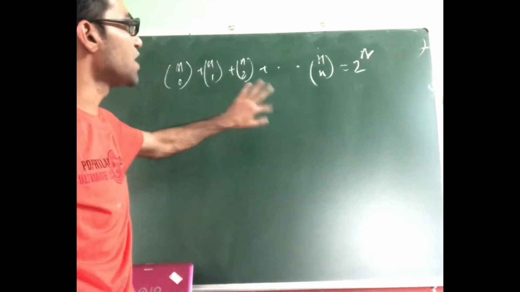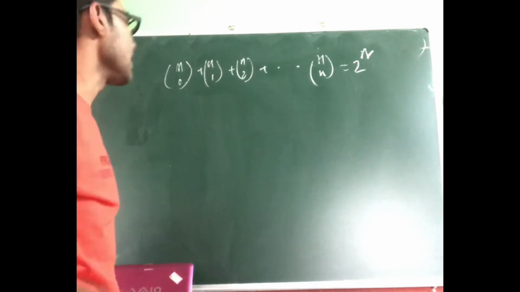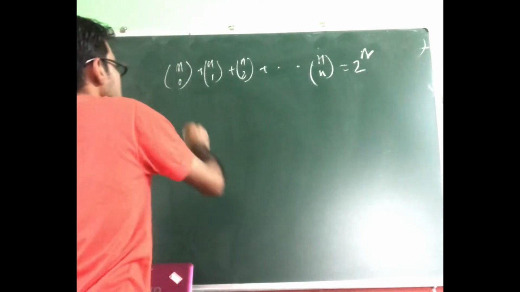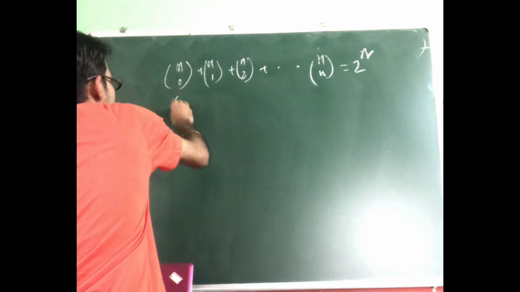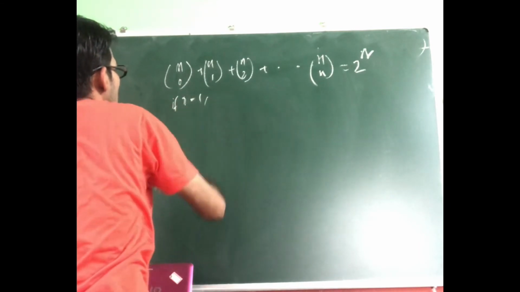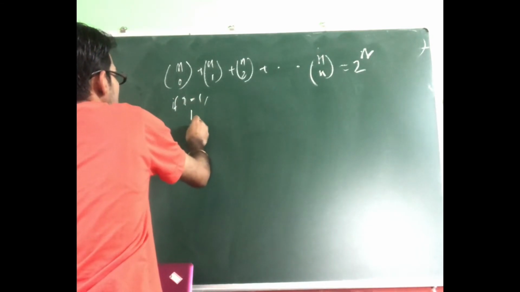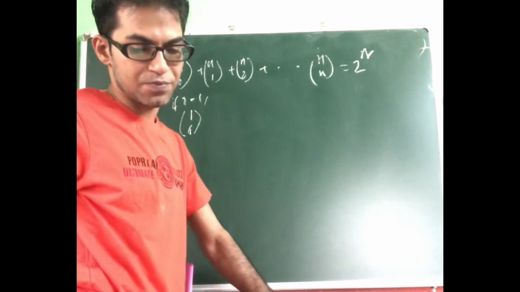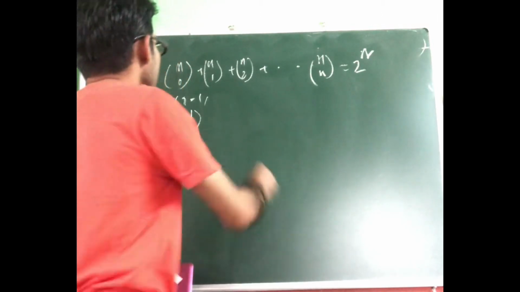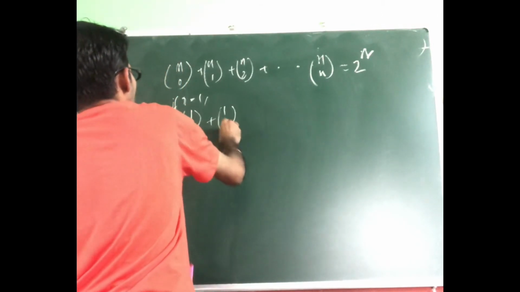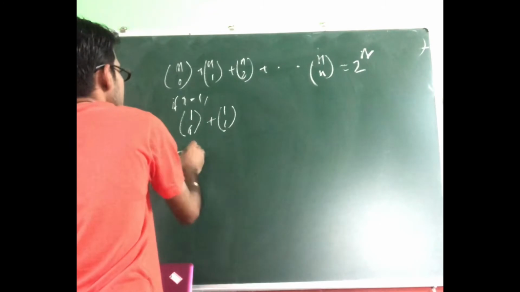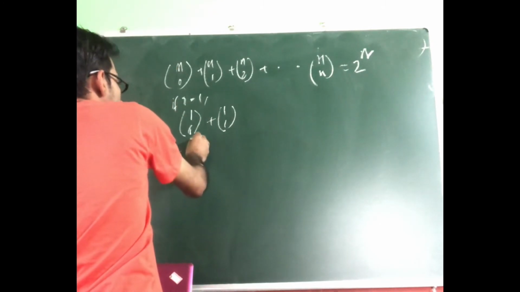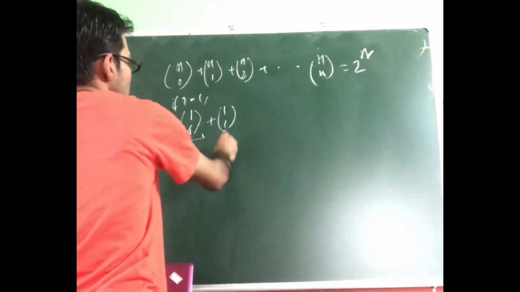How can we prove this statement using induction? So again, base case. So what is the base case? In this particular case, I need to take n equal to 1. So base case, if n is equal to 1, this becomes C(1,0) plus C(1,1), which is 1 choose 0 and this.